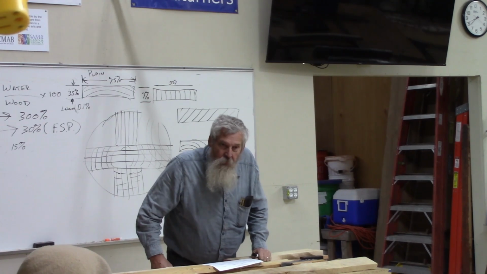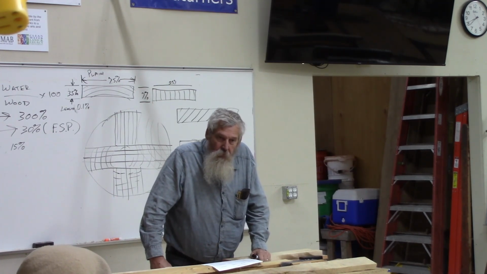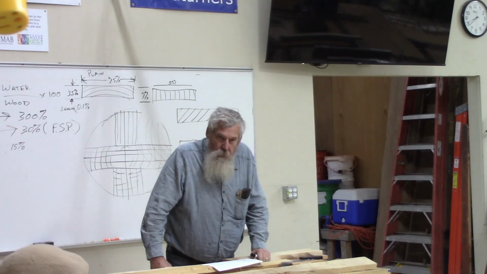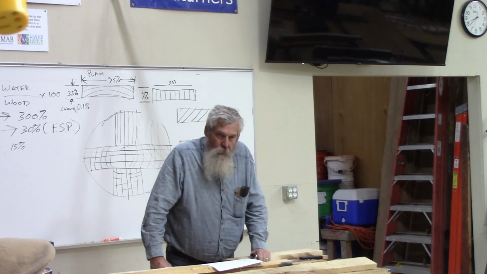So I made a toolbox in my shop, and I had some fancy bird's eye maple and a cherry frame. It had been up in my shop for a couple of years, two to three years, and this summer those panels expanded enough to bust my joints apart.